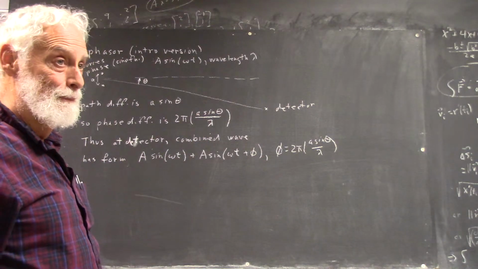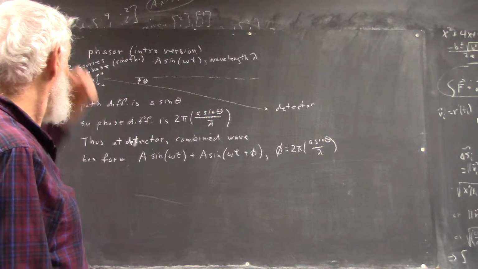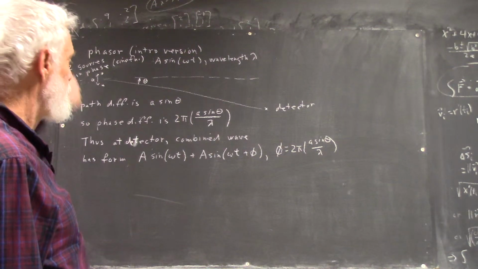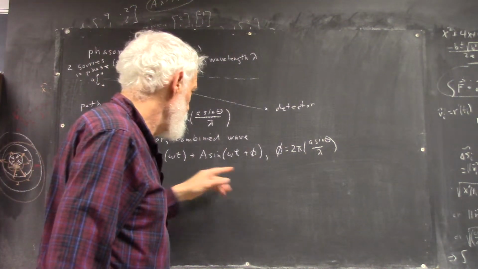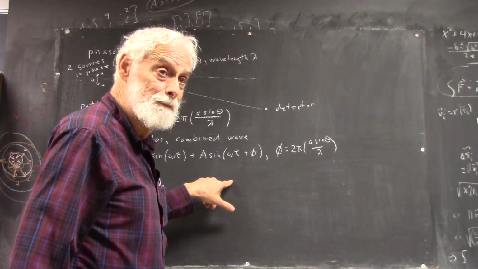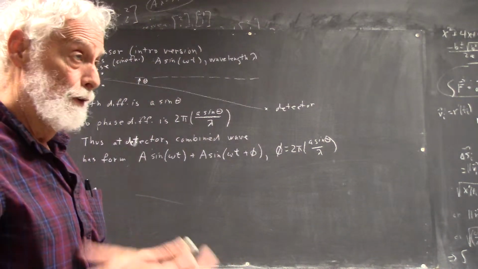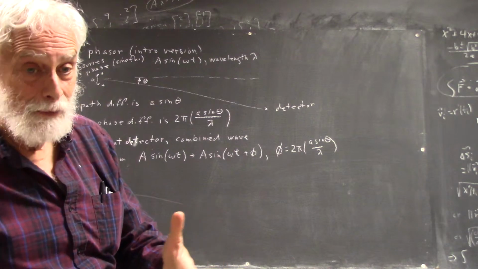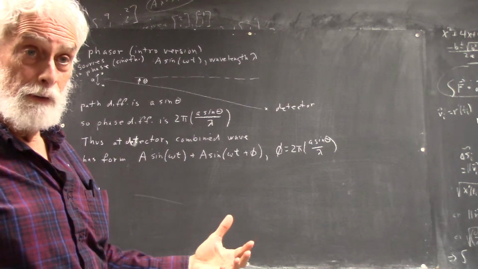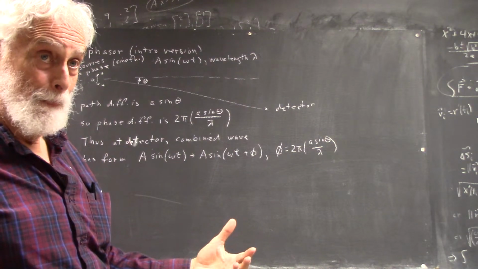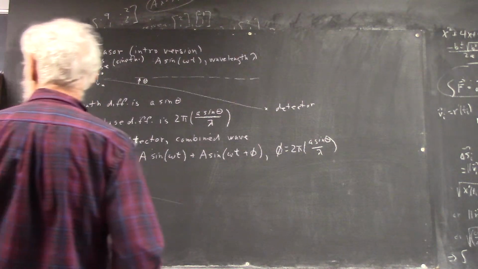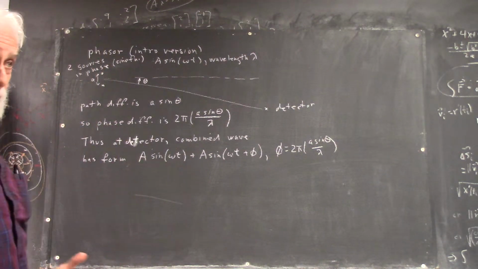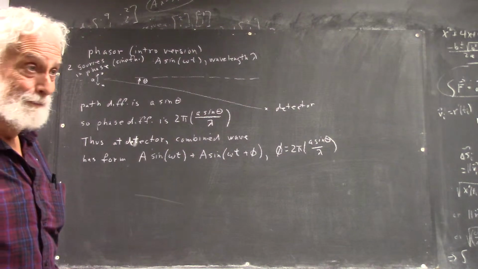Well, you combine those, and you do a little trigonometry, and you get the amplitude of the combined wave. Now, without doing the trigonometry, we can visualize that on a circular model.